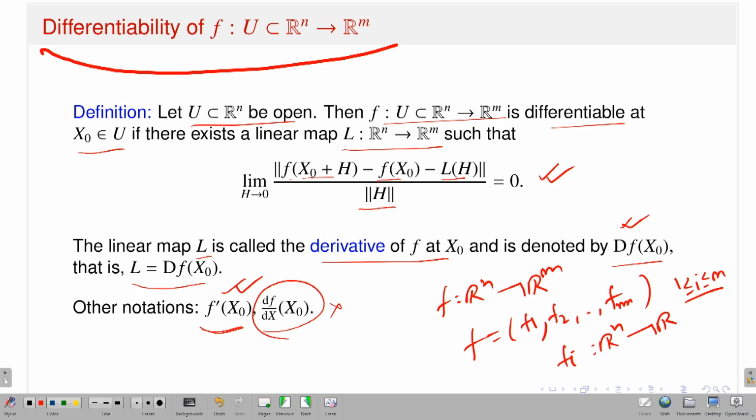Each of the functions is into R, and I already talked about the existence of the total derivative of those kinds of functions, that means real valued functions of a vector variable, that means scalar fields.